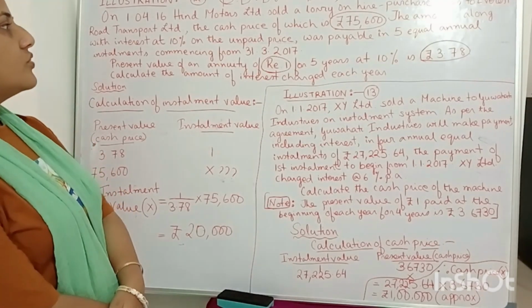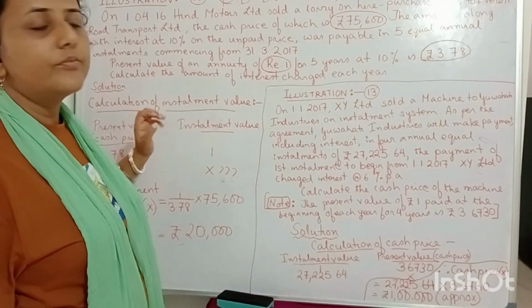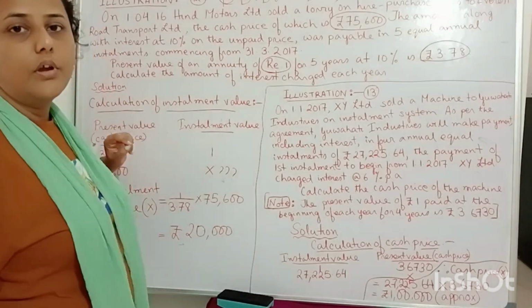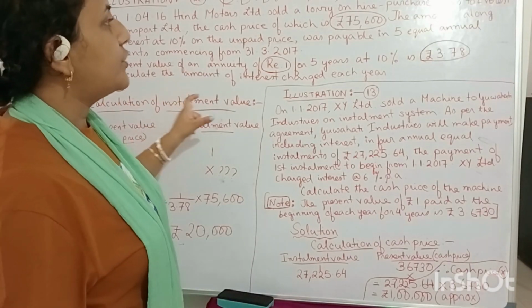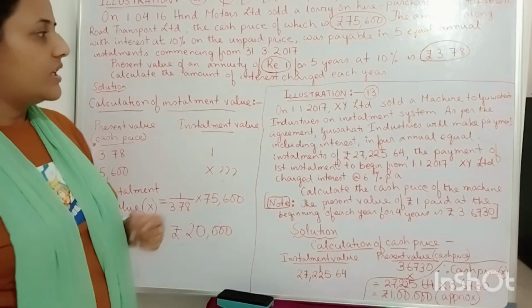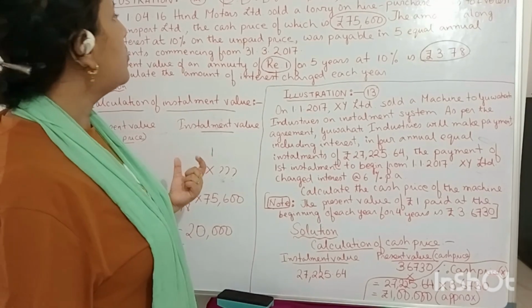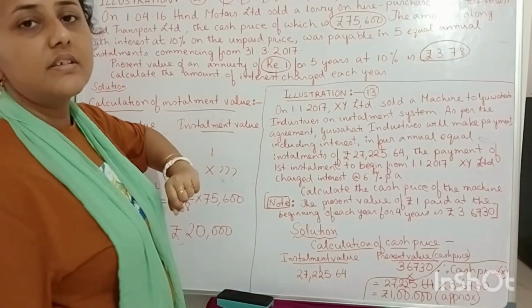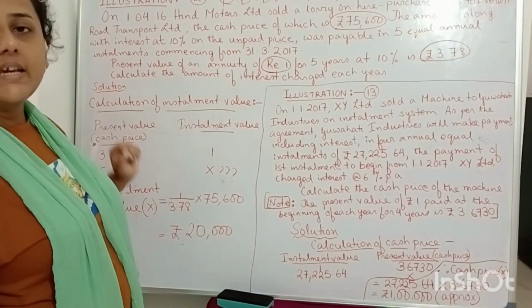Since there is no down payment in this sum, you just have to write the cash price of the asset, 75,600, then add interest on 75,600 into 10%, that is 10 by 100.